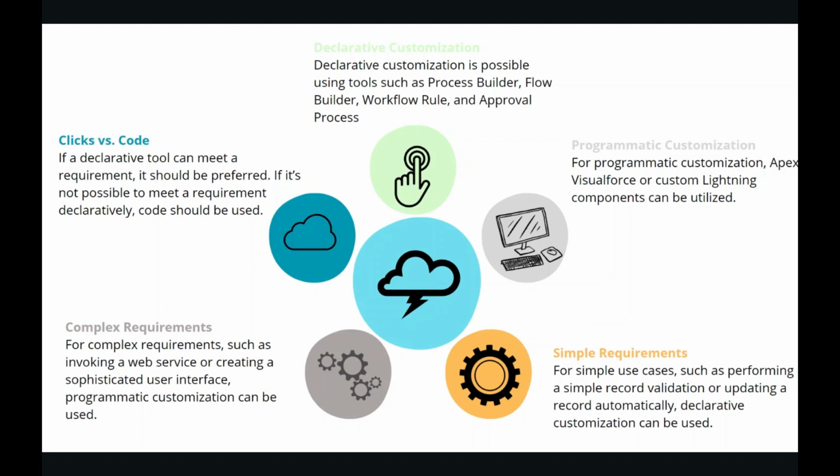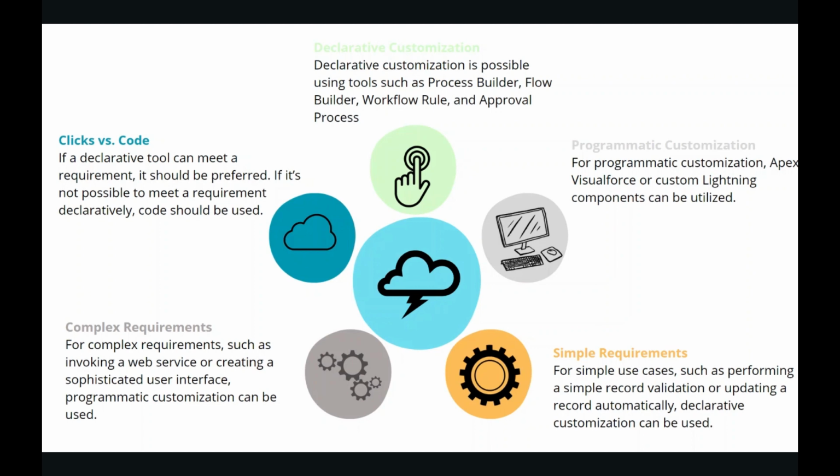Declarative customization is possible using tools such as Process Builder, Flow Builder, Workflow Rule, and Approval Process. For programmatic customization, Apex, Visualforce, or custom Lightning components can be utilized. For simple use cases, such as performing a simple record validation or updating a record automatically, declarative customization can be used.